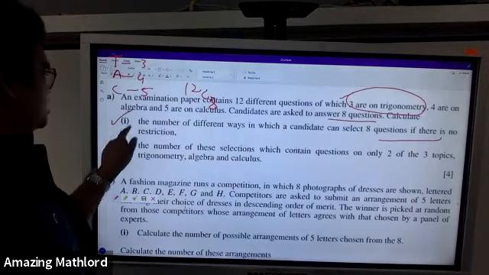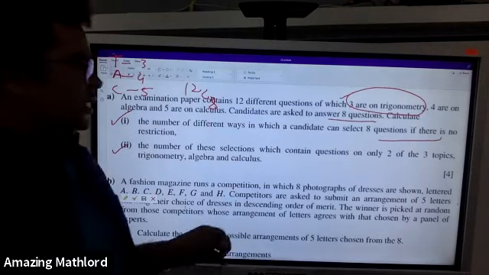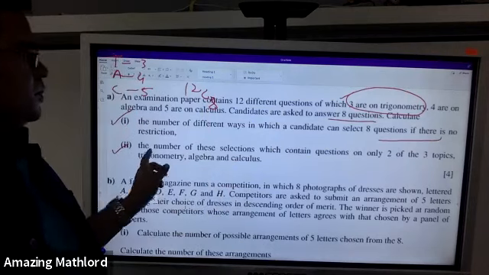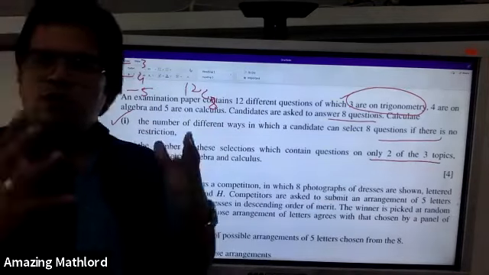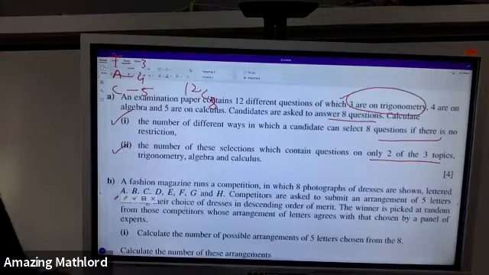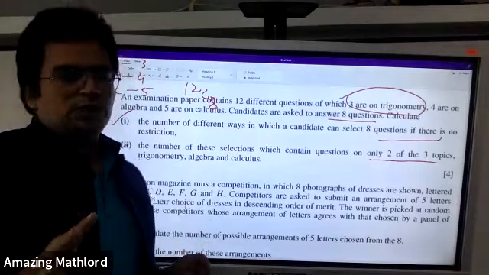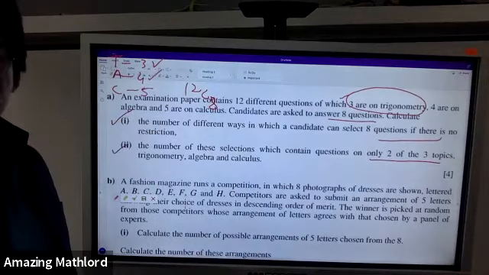Now the next question is the number of these selections which contain questions on only 2 of the 3 topics. So how can he select? Let's see the possibilities. He has to select 8 questions in total. Let's say he wants to select trigo and algebra.